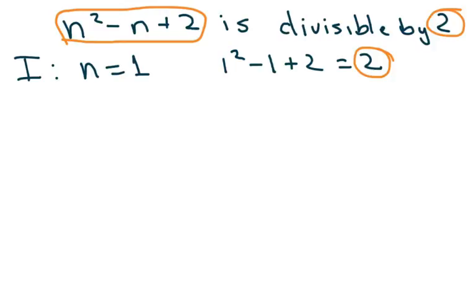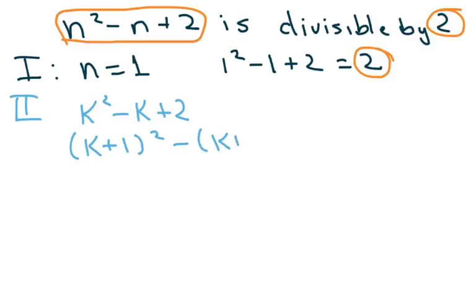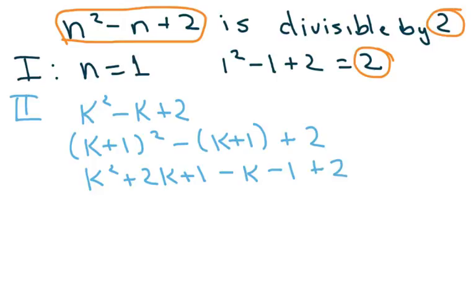So let's change everything to k for condition 2. So we have k squared minus k plus 2, and now substitute k plus 1. All right, now when I factor this out, I'm going to get k squared plus 2k plus 1 minus k minus 1 plus 2. And I hope I did everything right.